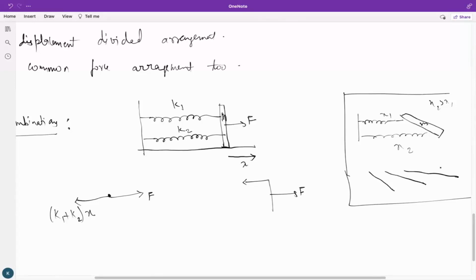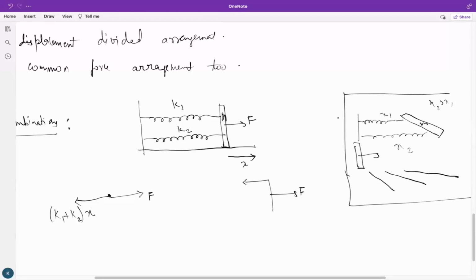So if this block is moving vertically, both springs have to move with the same displacement. If the block has to move vertically, that's provided in the conditions, so both springs have to be displaced by the same amount.